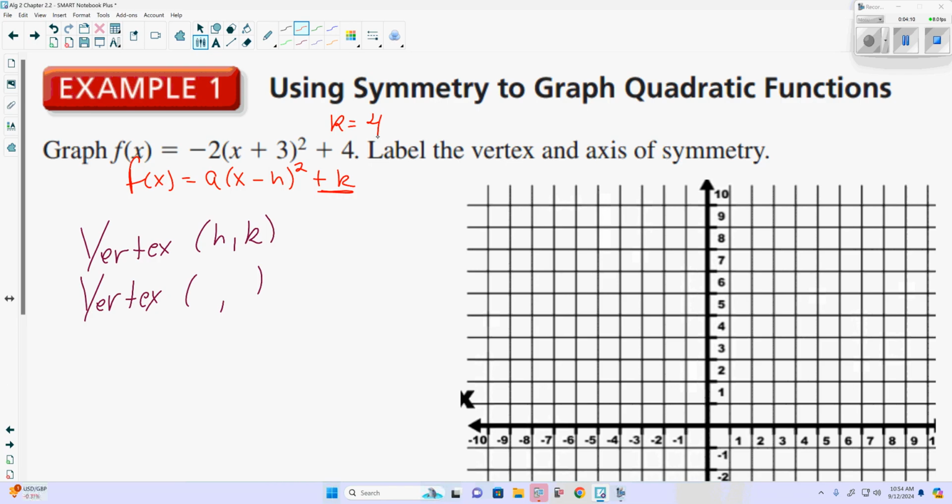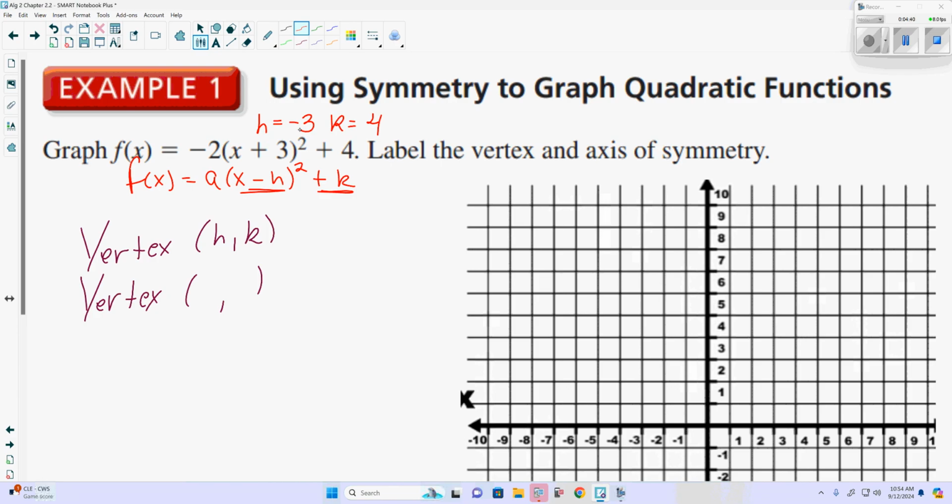Now we also need to find h. h would indeed be negative 3, because we have x plus 3. The general form is x minus h. The only way for us to turn it from x minus h to x plus 3 is if the value of h is also negative. So it's negative 3, because our x minus negative 3 is the same as our x plus 3, so h is negative 3.